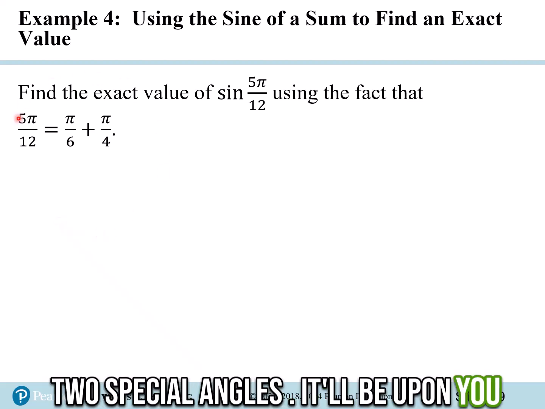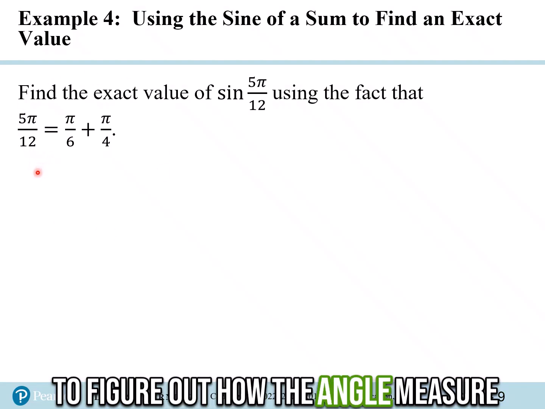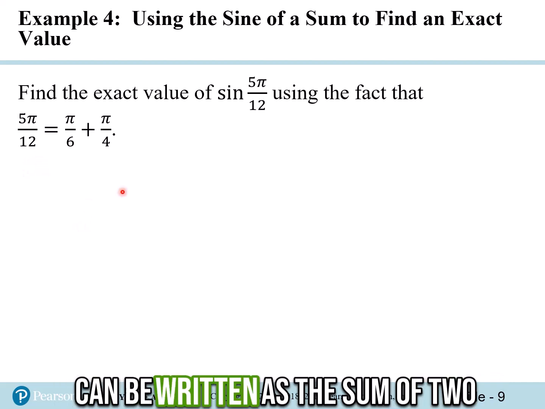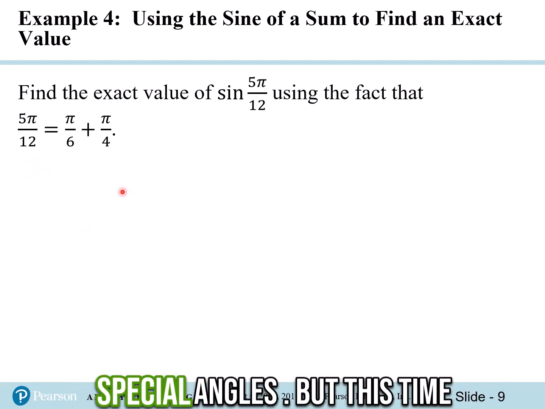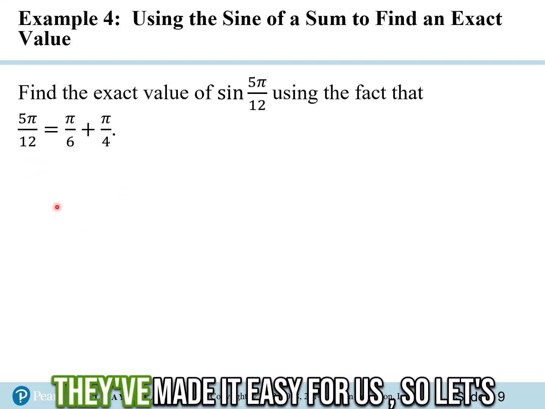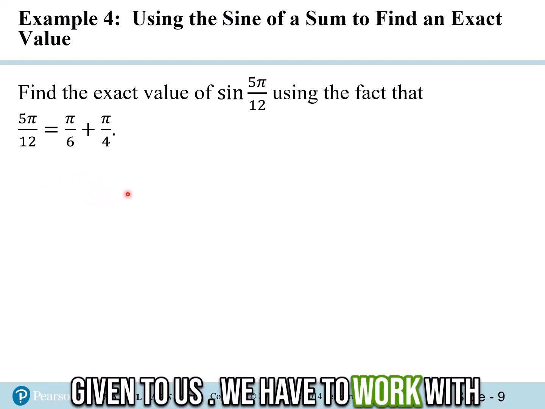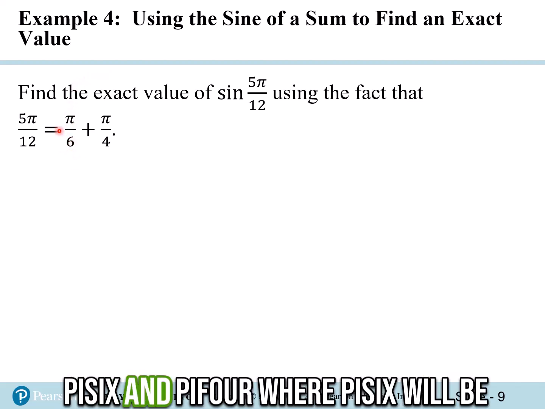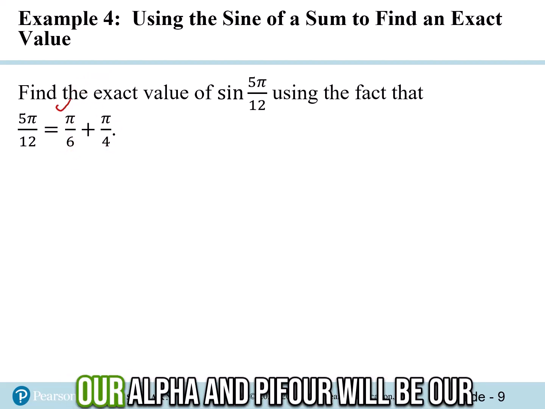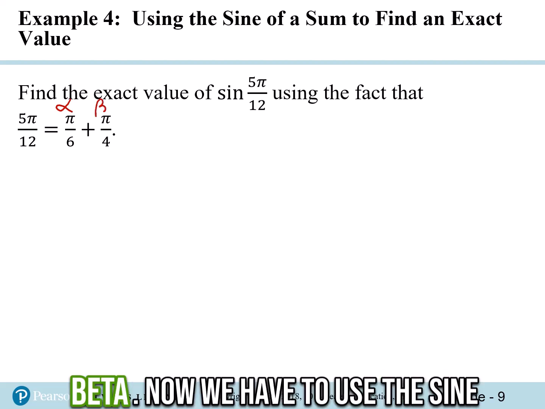It'll be upon you to figure out how the angle measure can be written as the sum of two special angles. But this time they've made it easy for us. So let's just use the information they've given to us. We have to work with pi over 6 and pi over 4, where pi over 6 will be our alpha and pi over 4 will be our beta.